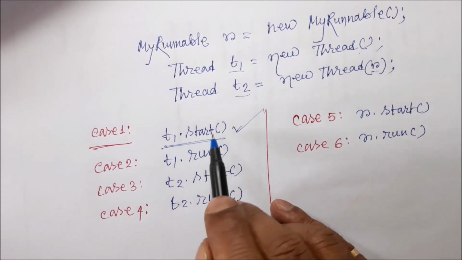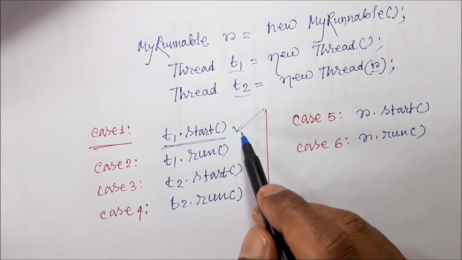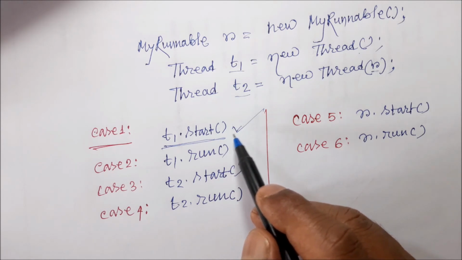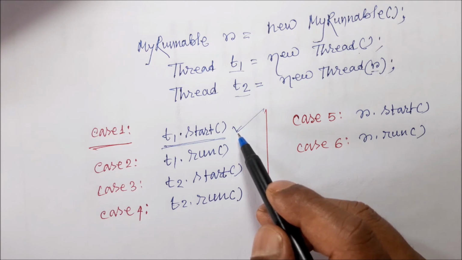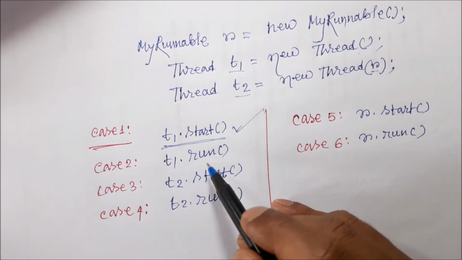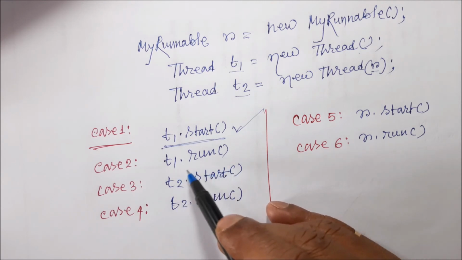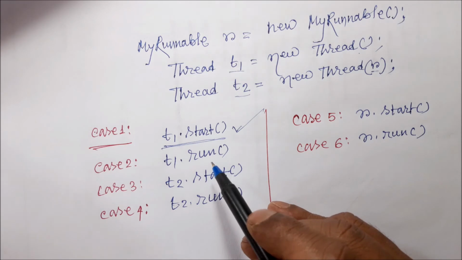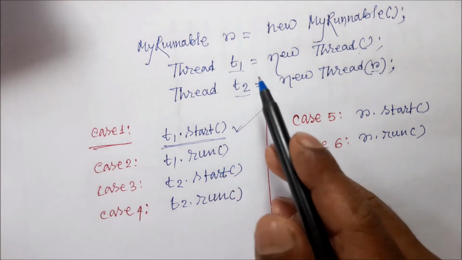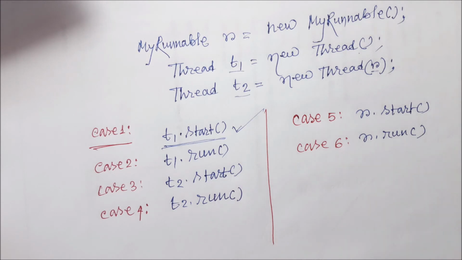So first, a new thread will be created, but this thread is responsible for executing the run method of the Thread class. Now come to the second case, when I call the run method directly, t1.run. Without the Runnable interface, what will happen? No new thread will be created.